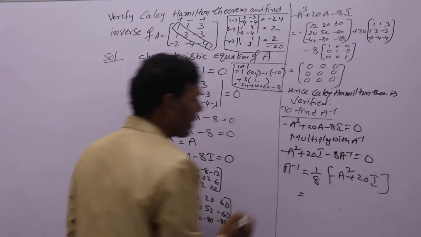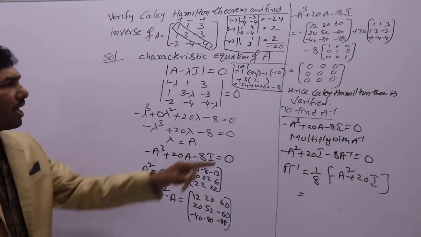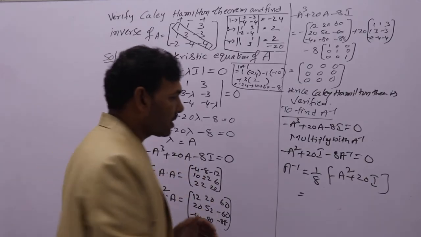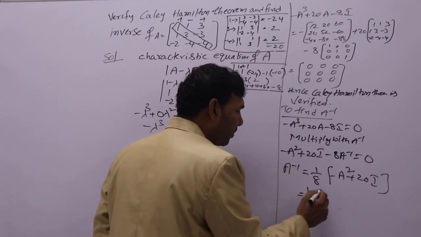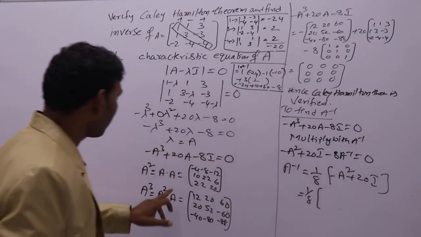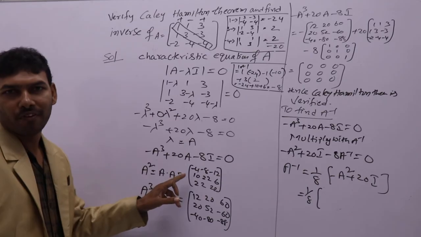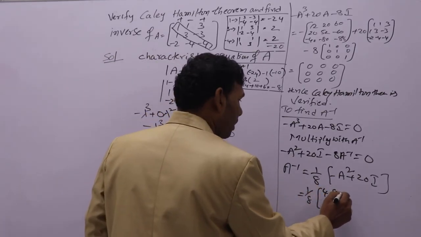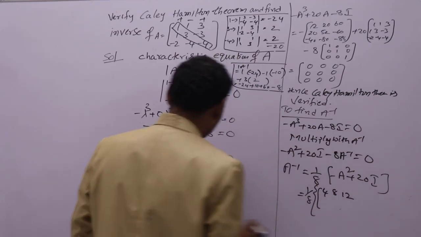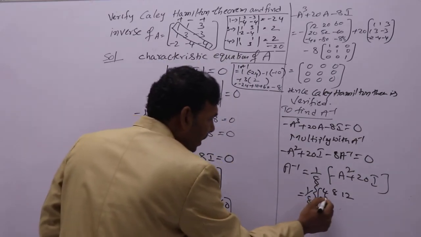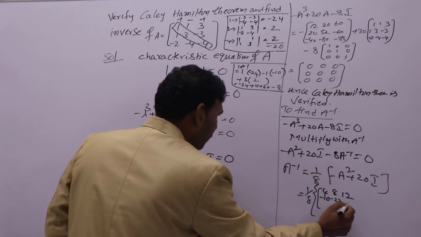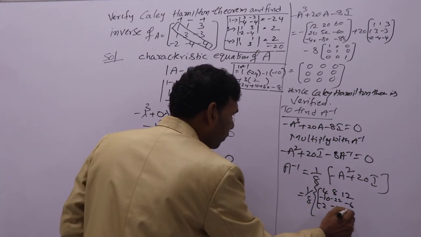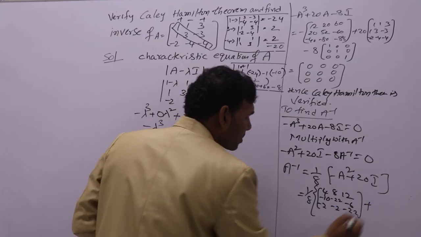So you have A square here, and the I matrix you know. If you substitute and simplify, you will get A inverse. 1 by 8 into minus A square means you need to multiply every element in A square with minus. What you will get? 4, 8, 12; minus 10, minus 22, minus 6; minus 2, minus 2, minus 22, plus 20I.